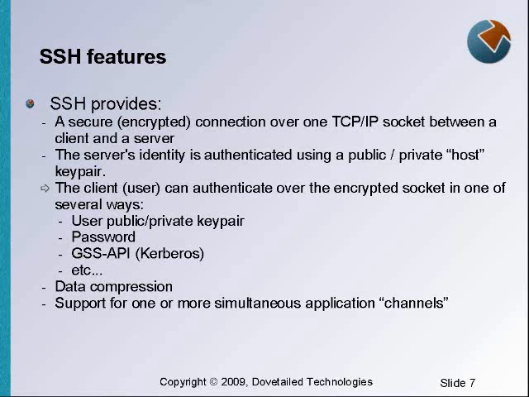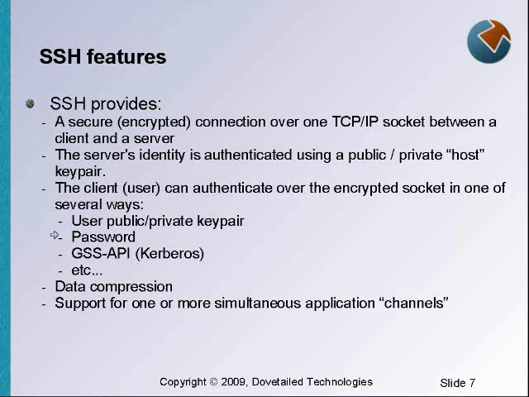There's also a mechanism in SSH where the client can authenticate over that encrypted connection, and there are several different mechanisms in the spec: a public-private key pair, a password, you can use Kerberos. There are other things too, like on Unix systems you can use PAM. Different things like that allow the client to authenticate his identity to the server.